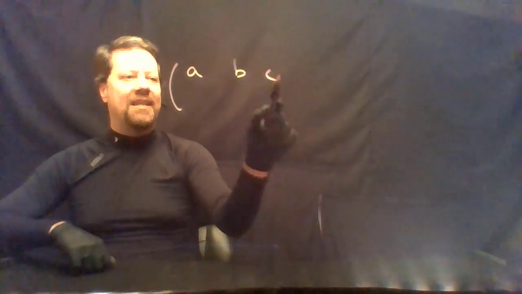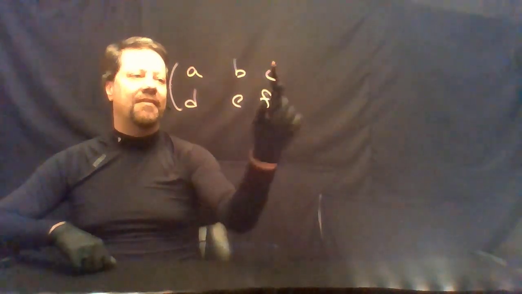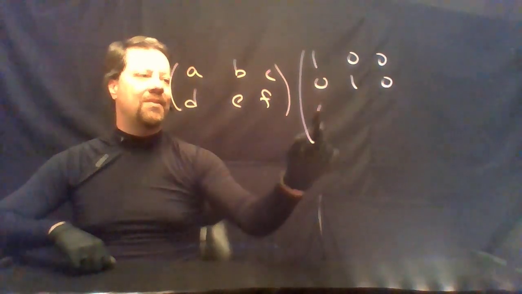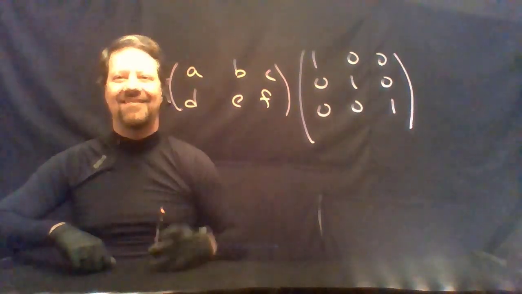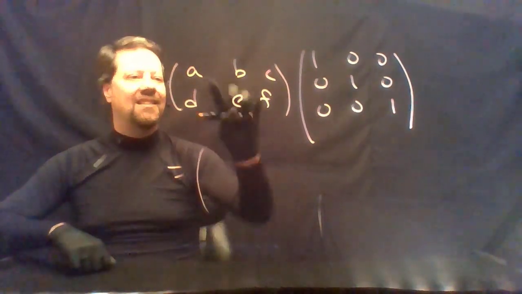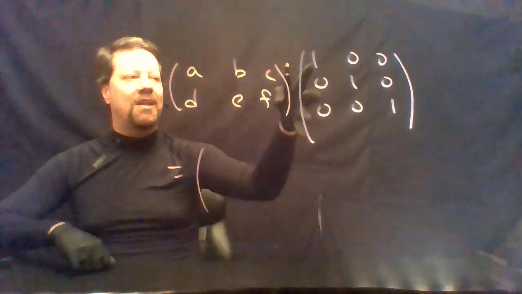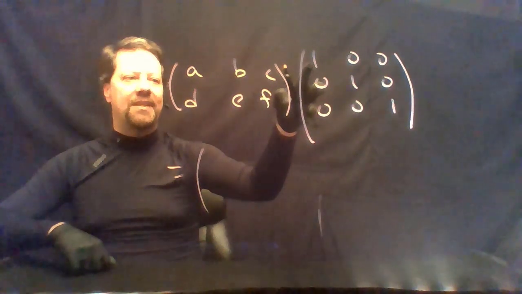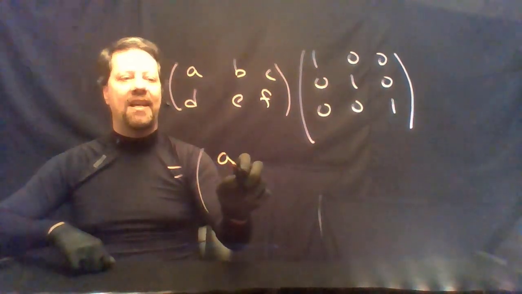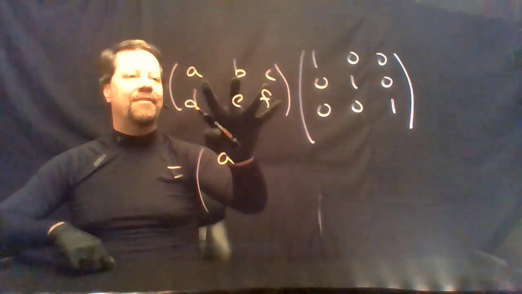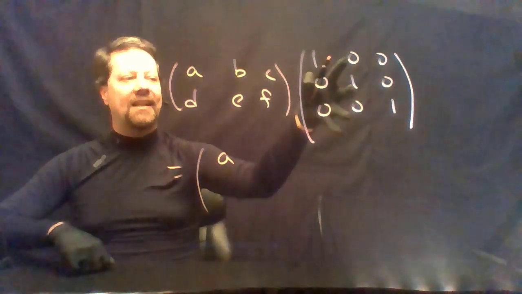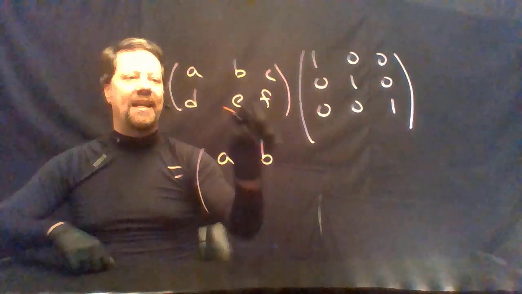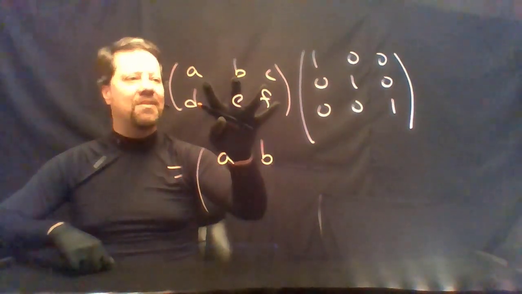Let's take A, B, C, D, E, F and multiply it by 1, 0, 0, 0, 1, 0, 0, 0, 1. What do we get? We'll take the first row and multiply it by the first column. Everything except for this A is hit by a 0, so we just end up with A. If we take the first row and multiply it by the second column, only the B will remain because everything else is multiplied by 0.